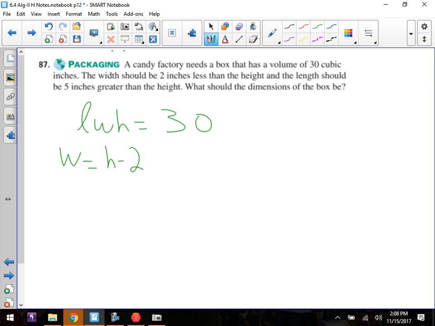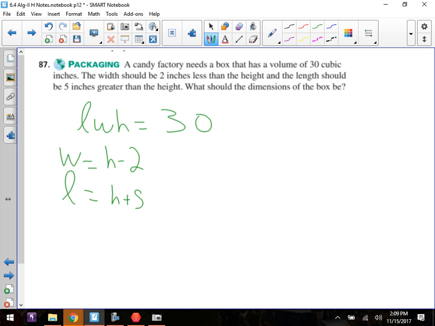Height minus 2. Length is 5 inches greater than the height. So in this case, what are we going to solve it in terms of? H. We're going to solve it in terms of H. So it winds up being the exact same problem.